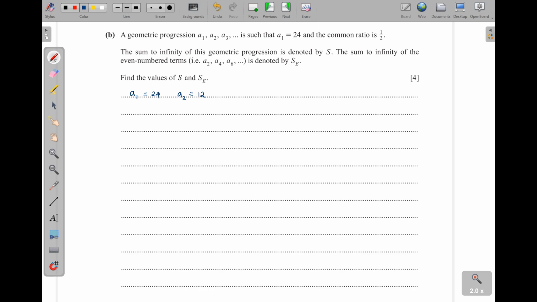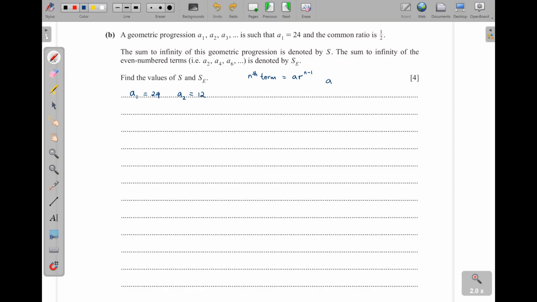Because remember, the nth term of a GP is A, then R power n minus 1. Okay? So, if it is the third term, then you have 3 minus 1, then you have AR squared.